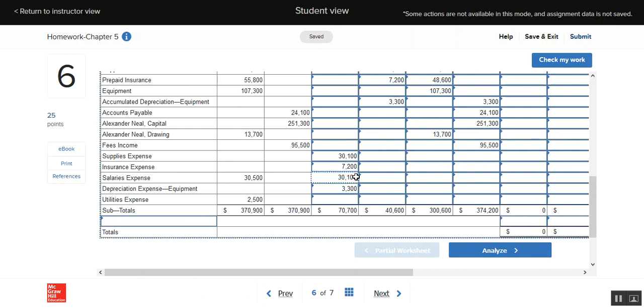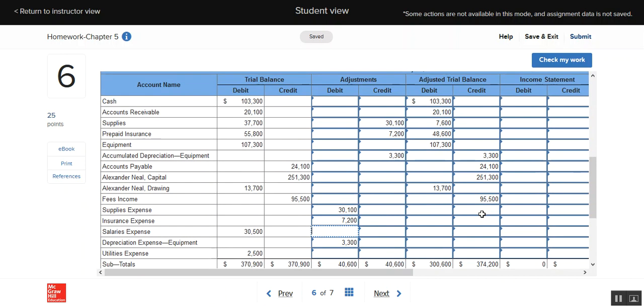I have that in salaries. I think that fixes the problem. So as you can see, it is challenging to be in the right box. So if you come out with something that's not in balance, just make sure you have stuff in the right box. Or you'll be like me and you'll have it wrong.